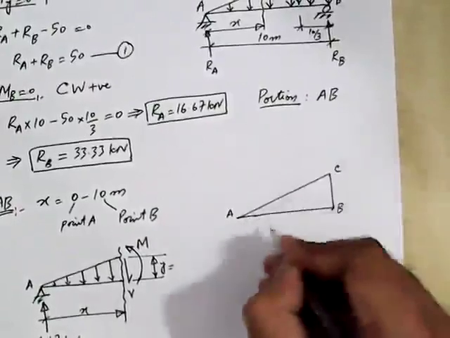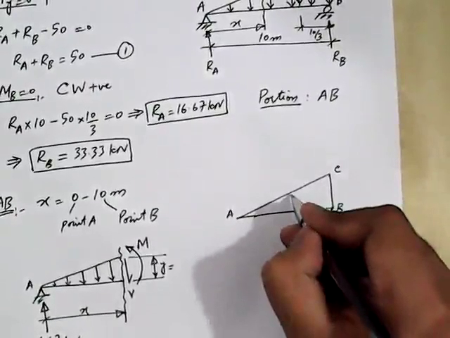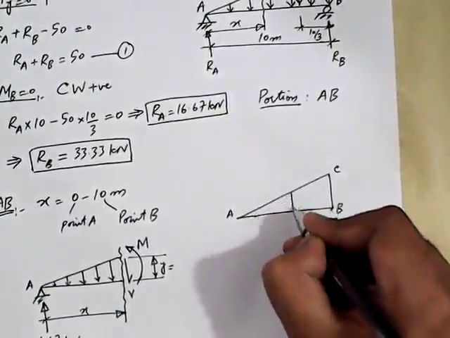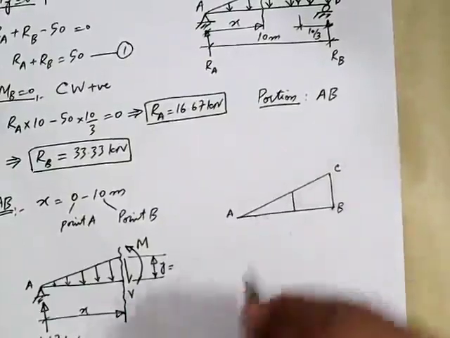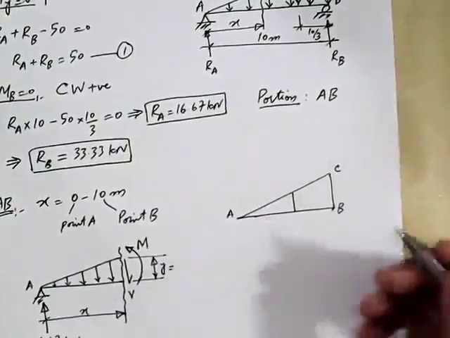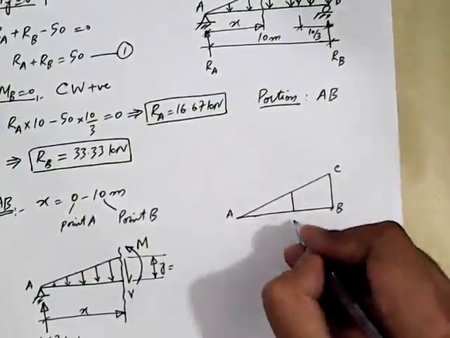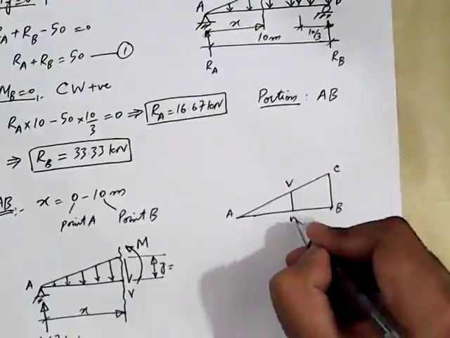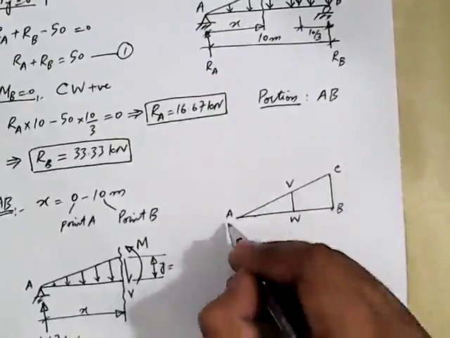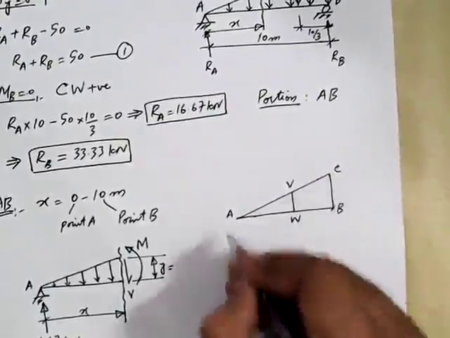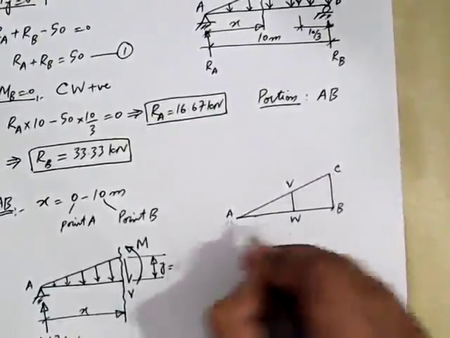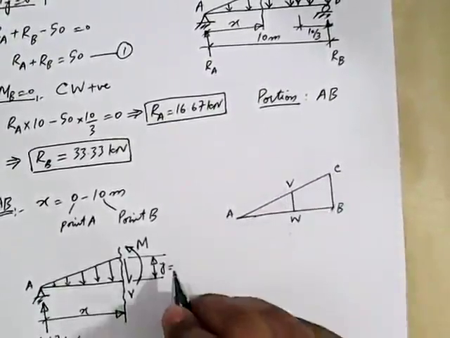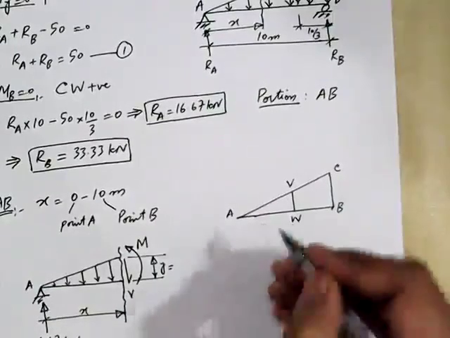Let's say I call it C, and I have cut a section here. Let's call it V, and let's call it W. Now we have a bigger triangle ABC, and we have a smaller triangle AWV.